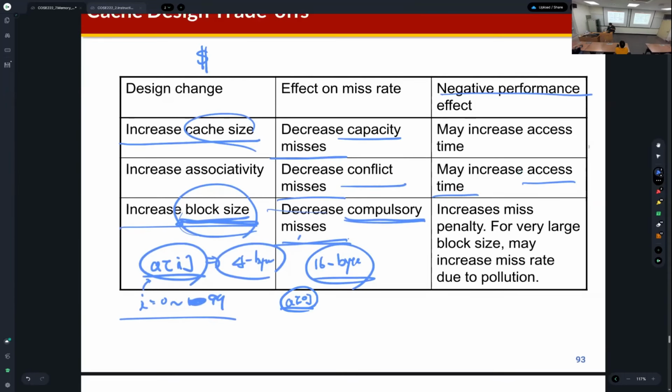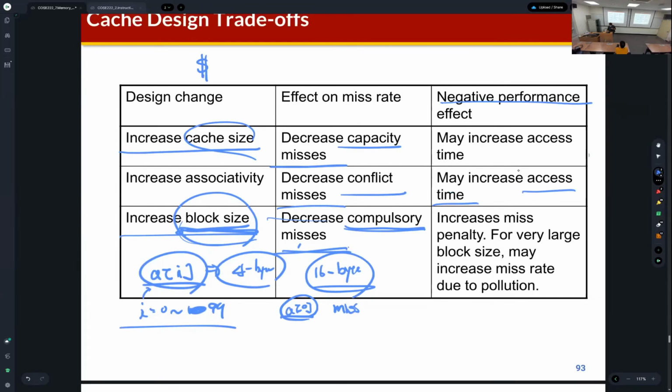then when A0 is first requested, this is a cache miss, right? When a cache miss occurs, the cache allocates 16 bytes of data, one cache block, because the cache block size is 16 bytes.